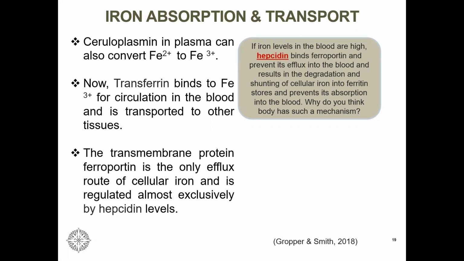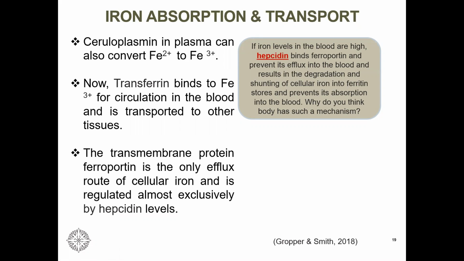So if the liver gets the message that there is too much iron, too much transferrin in the blood, it increases the production of another protein called hepcidin. So it is different from hephaestin. This is called hepcidin.